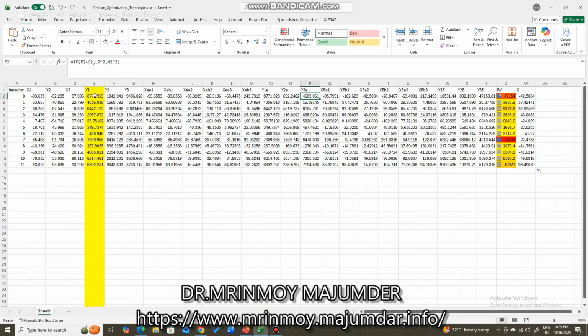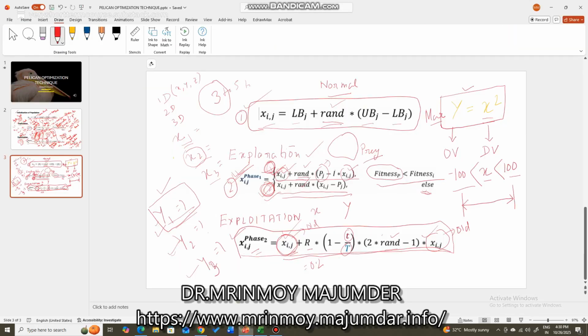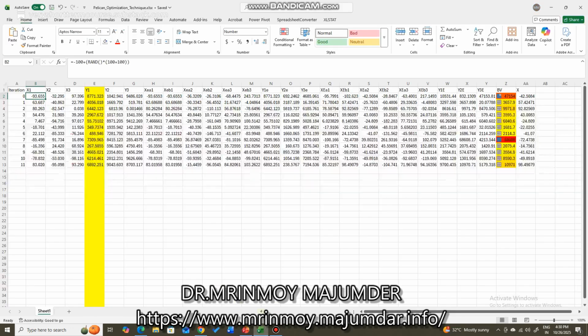Now, I have used a formula for the initialization of the population: lower bound plus random function multiplied by upper bound minus lower bound. As the lower bound is minus 100, minus minus becomes plus. I think it is clear. I have to use three separate formulas.